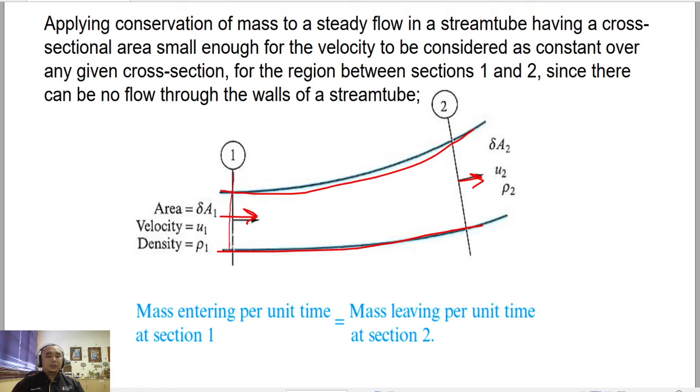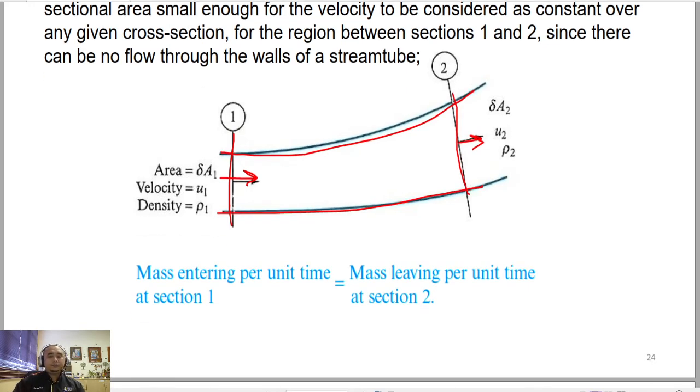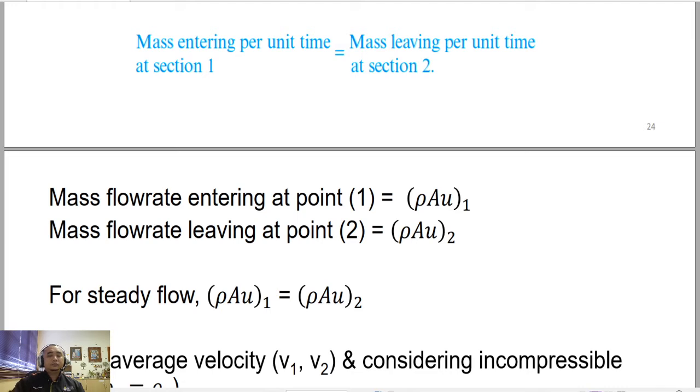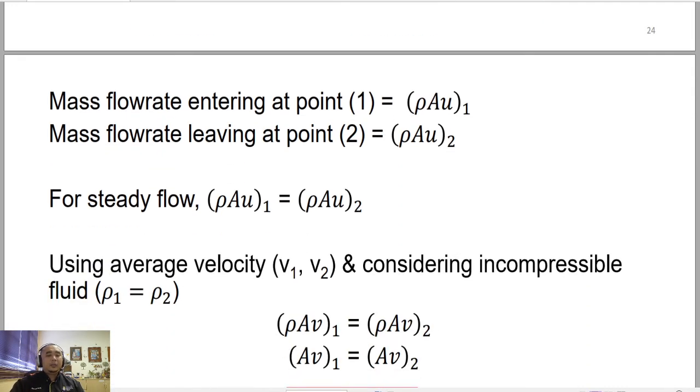Okay, mass dekat section 1 mestilah sama dengan mass dekat section 2 ataupun section yang keluar. Alright, so mass flow rate entering at point 1, okay, which is rho darabkan dengan V darabkan dengan A. So ini adalah rho Q, betul? Bila kita simplifykan this equation, kita dapat ni adalah rho Q, which is sama juga dengan mass flow rate. Tadi saya dah tunjuk dalam video sebelum ni.